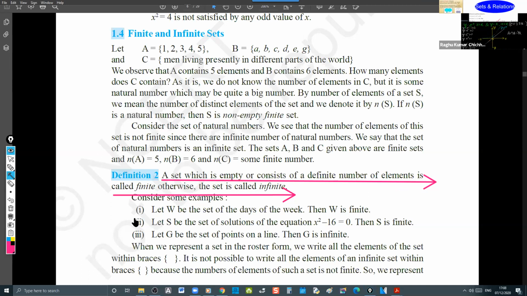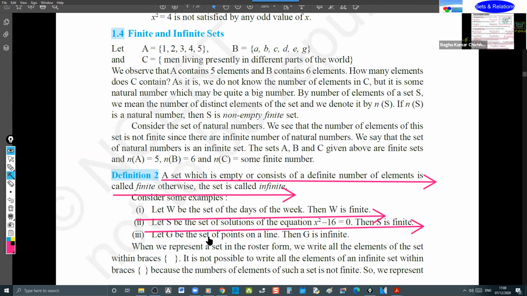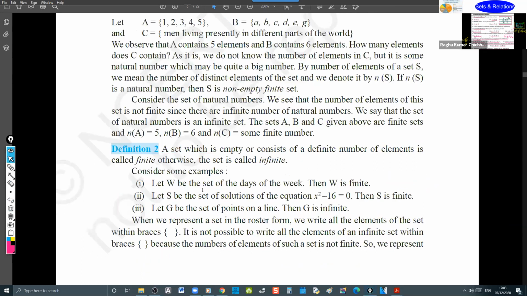The examples: W is the set of days of the week, Monday to Sunday. S is the set of solutions of the equation x square minus 16 equal to 0, x is equal to plus or minus 4. Finite. G is the set of points on a line. Points on a line will be infinite.